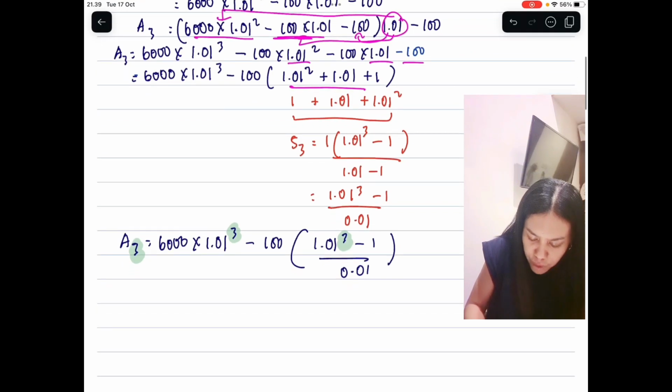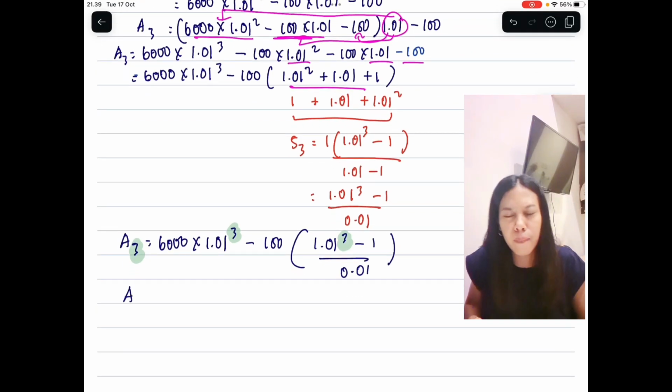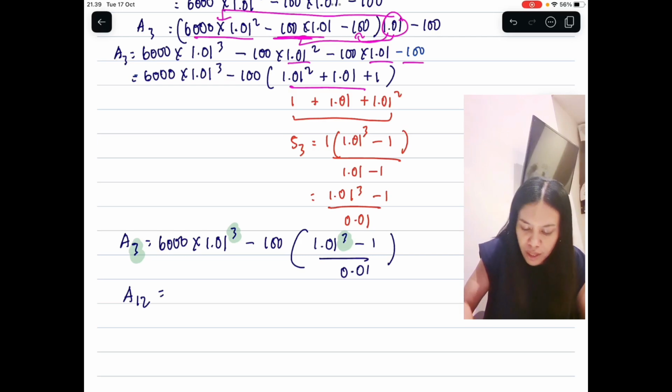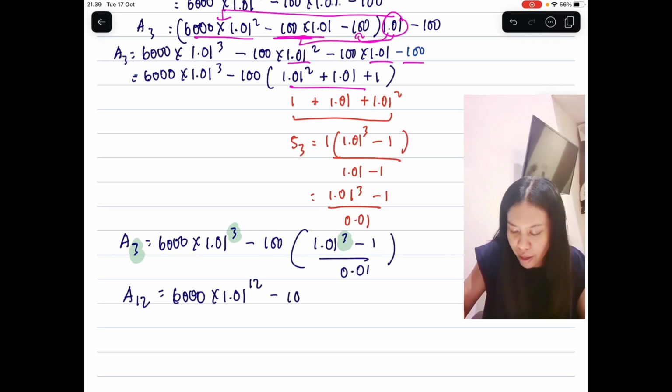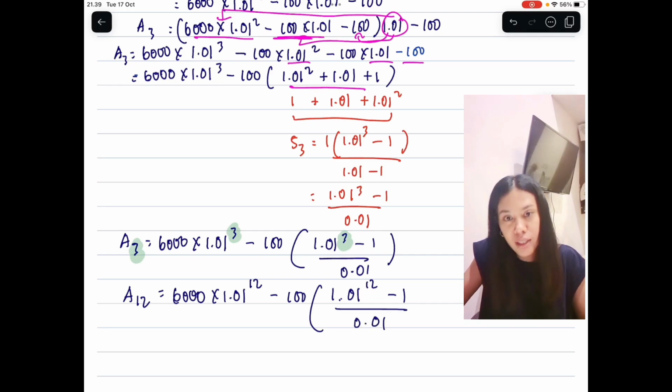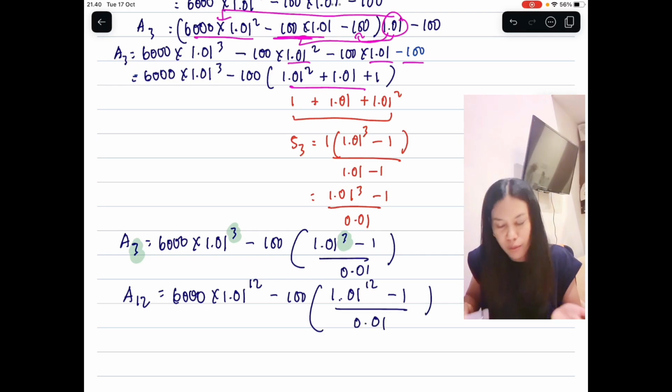So how much money is she owing after the 12th month? It's going to be 6,000 times 1.01 to the power 12 minus 100, and inside the bracket times 1.01 to the power 12 minus 1 over 0.01. You will need a calculator to find that, which is what I'm going to do now.